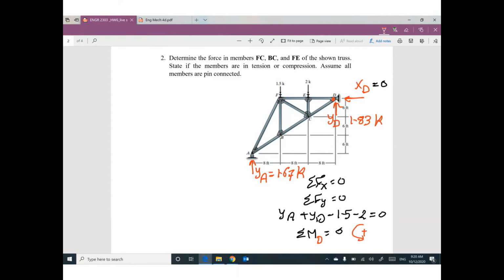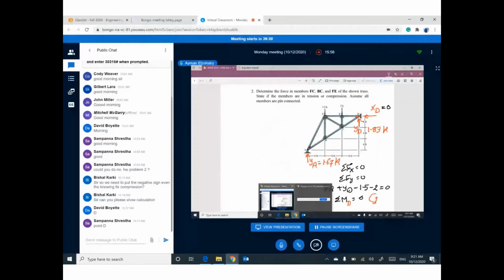Very simple. Very simple. Please, if you have an issue, if you have a problem calculating reactions, you have to go back to the videos before exam number 1. Without reactions, I believe you cannot pass exam number 2. I would like to repeat this.